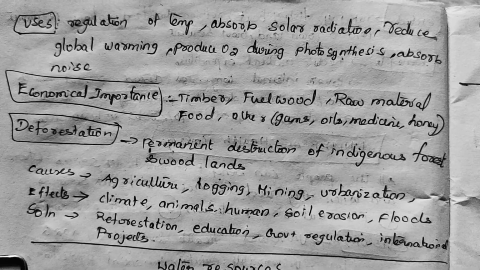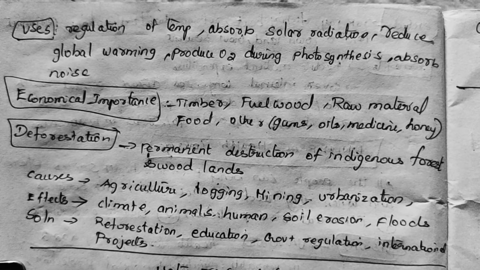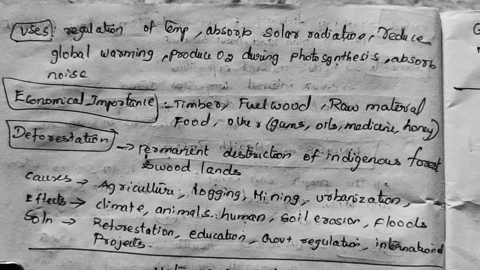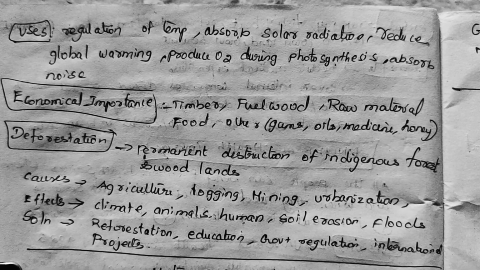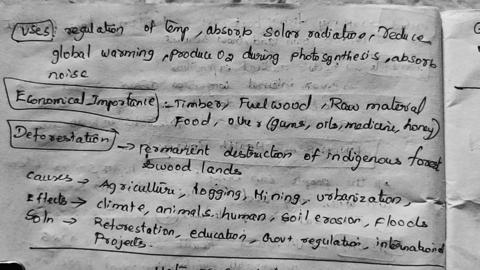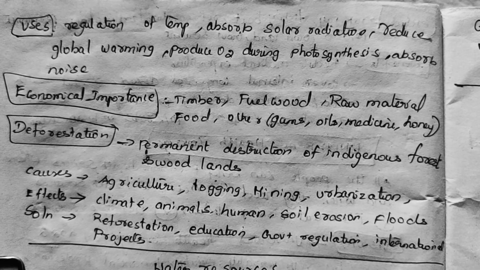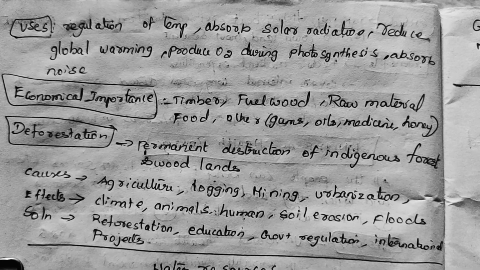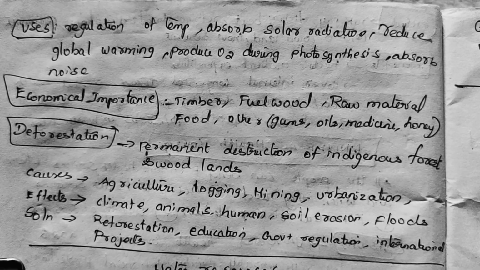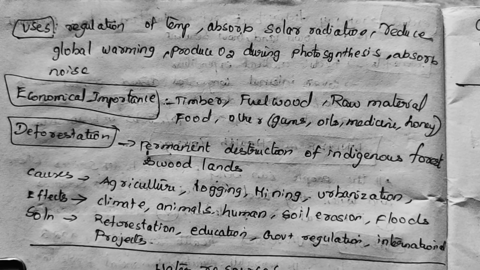And deforestation, you already know what deforestation means. It is the permanent destruction of indigenous forest and woodlands. So we are cutting all the trees in the forest, that leads to permanent destruction. So what are the causes? Agriculture, logging, and then mining, urbanization.